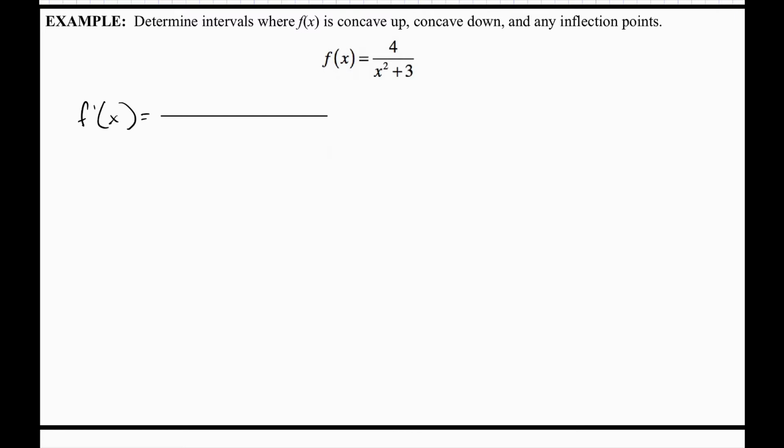So it's the bottom squared, then low d high. The derivative of the top is just 0. And then high d low.